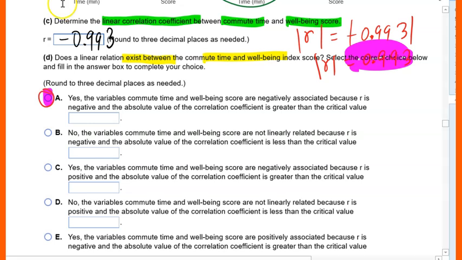Yes, the variables commute times and well-being score are negatively associated because R is negative, and the absolute value of the correlation coefficient is greater than the critical value, which you can see from the table is 0.754. Therefore, there is a linear relationship between the variables, commute times and well-being score.